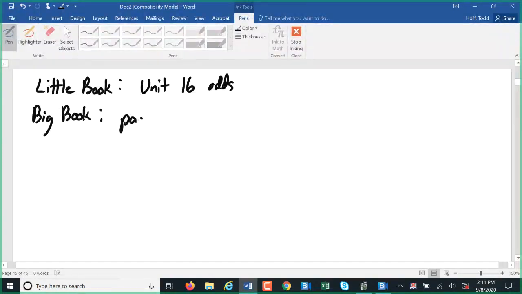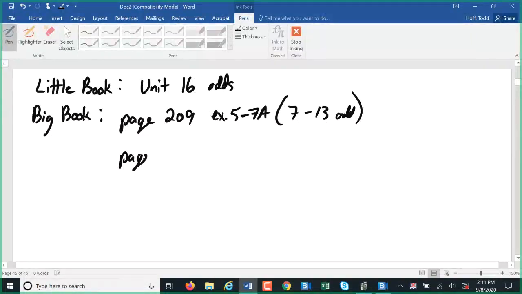It's page 209, exercise 5-7A, problem 7 through 13, the odds. Page 211 through 212. This is exercise 5-7B, problem 7 through 15, the odds.